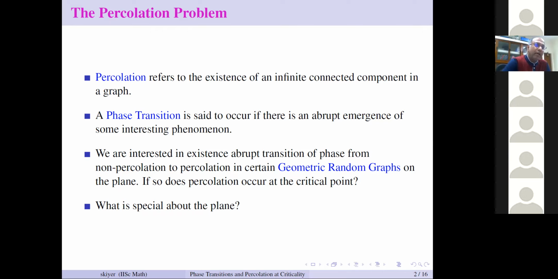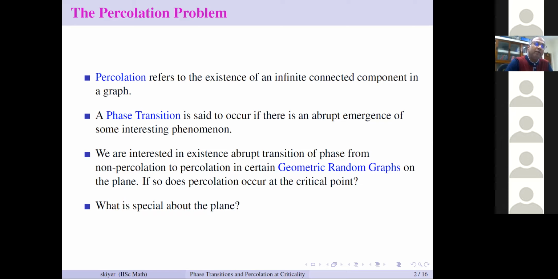And what is special about the plane? In a plane, if you take a box and you have a path going from left to right and a path going from top to bottom, then these two paths must intersect. This is a very important and useful property, and it makes a big difference.